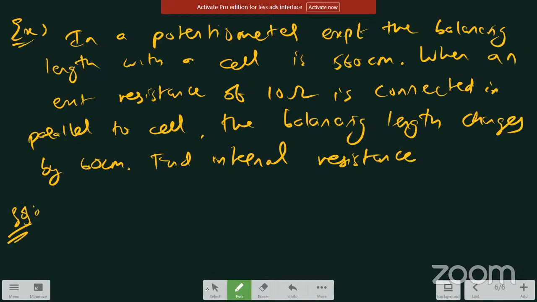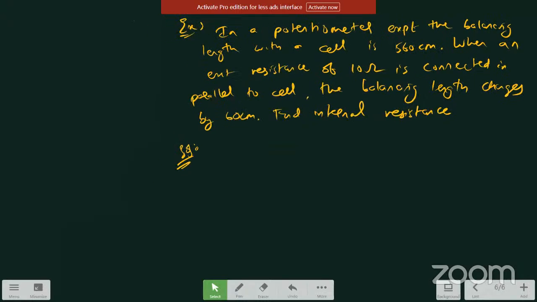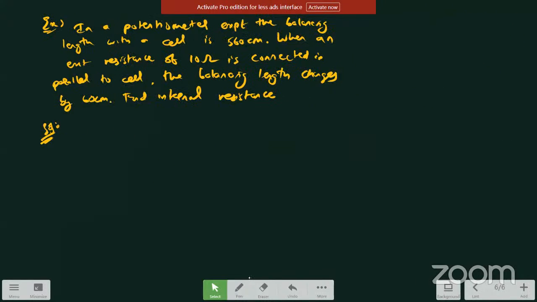Very simple question. Please go through the concept which I taught you yesterday, and then you will be able to do this question very easily.